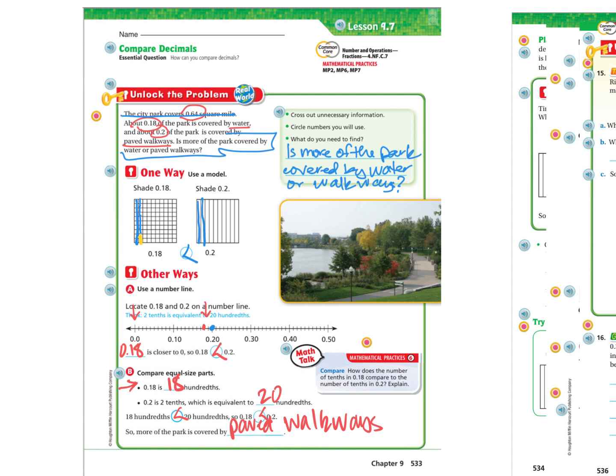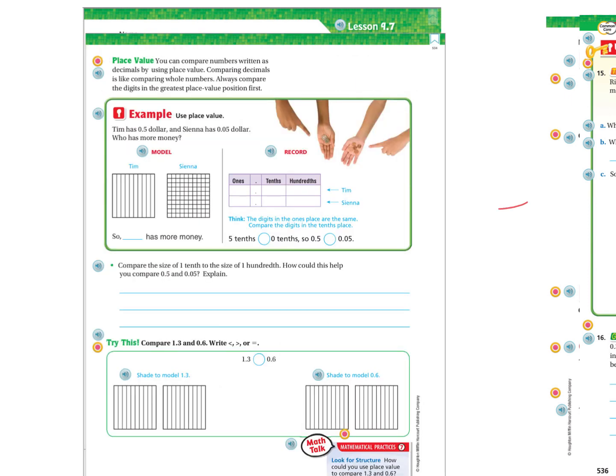All right, let's go to the back. Okay, let me turn off my writer. All right, the back of that page says place value. All right, let's read place value right at the top. Ready? Go. Place value. You can compare numbers written as decimals by using place value.